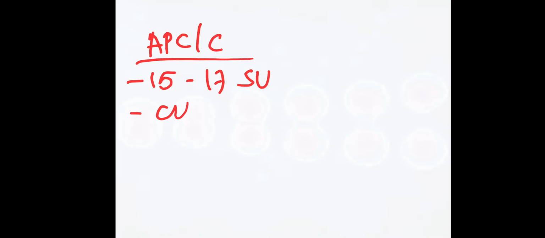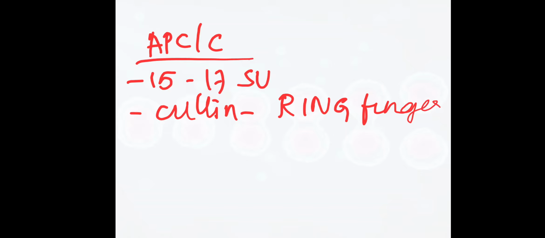So it is a Cullin ring finger E3 ubiquitin ligase. But unlike SCF, this APC/C does not have an F box protein.